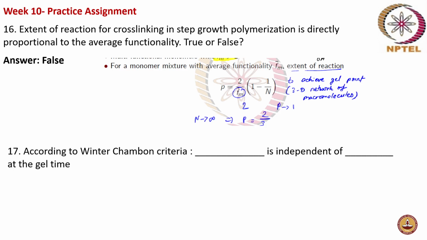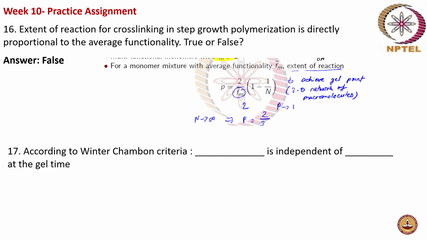Next question. According to the Winter-Chambon criteria, dash is independent of dash at the gel time. Where is the Winter-Chambon criteria used, and what parameter is independent of what parameter according to it?